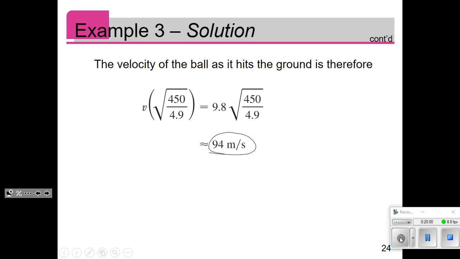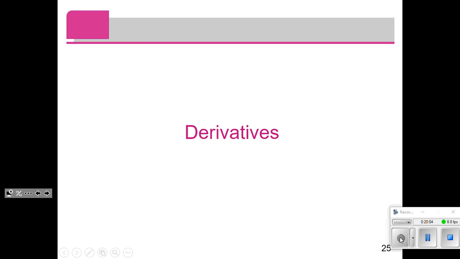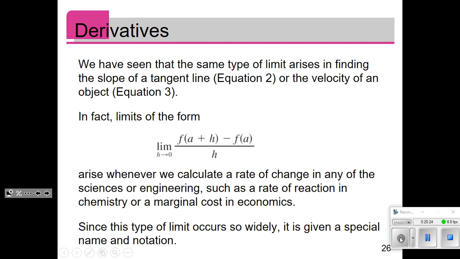Okay, the longer it's in the air, the faster it's going to go, the closer it gets to the ground. It accelerates. So what we've just done, finding slope and velocity, that is derivatives. Okay, derivatives are used all over calculus, and beyond. But derivatives have so many applications in the real world. It's a little scary. But that is derivatives.